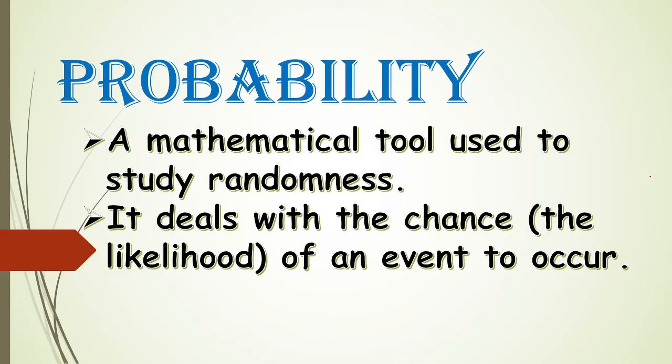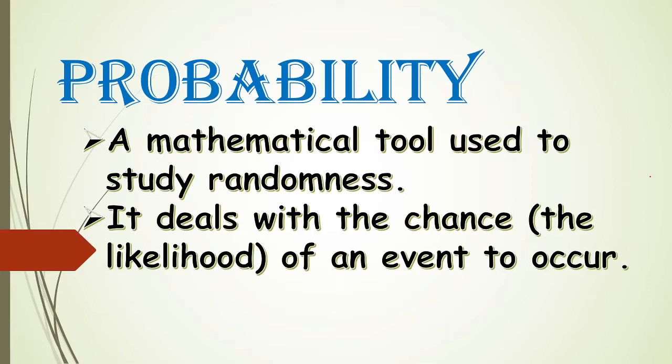Something will occur. Like, for example, who among you here, the parents, they do or they play the game Lotto? Probably the 6 digits or the 3 digits or the suertres. That's a game of chance. Because probability there, when I say playing Lotto, the probability is very, very less.